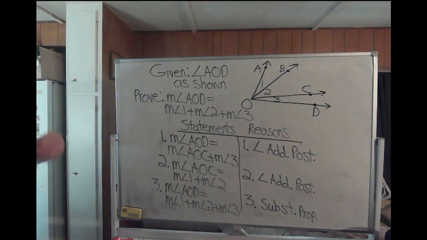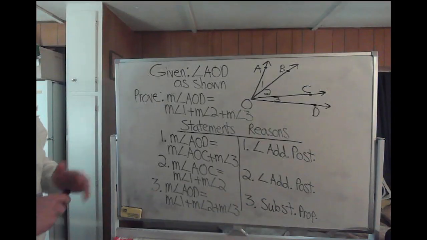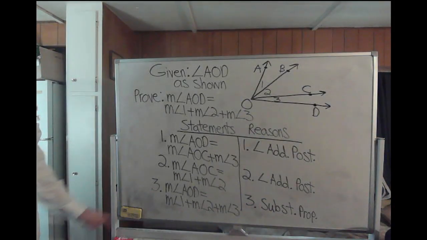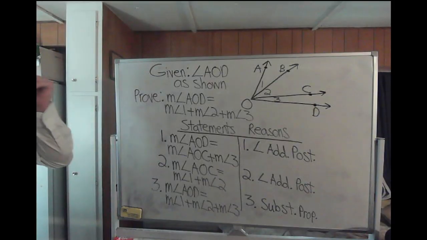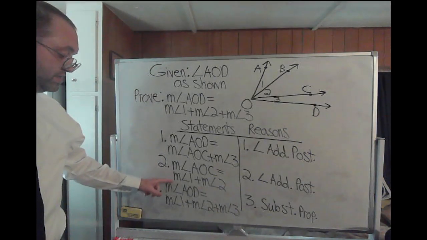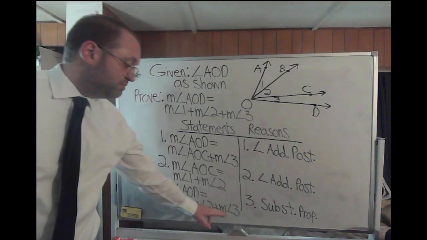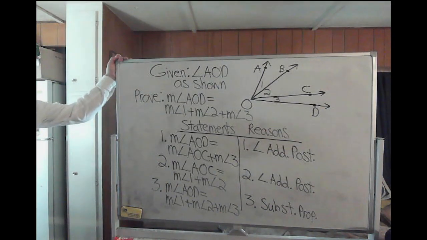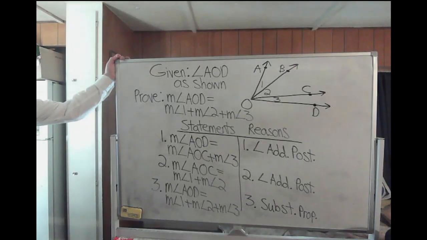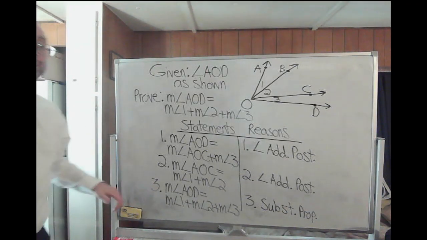So this could have been a one-step proof, but they really weren't going for that. So by the substitution property, we can say that the measure of angle AOD equals the measure of angle 1 plus the measure of angle 2 plus the measure of angle 3. Now I can tell you, in all proofs, the statement you're trying to prove comes dead last.